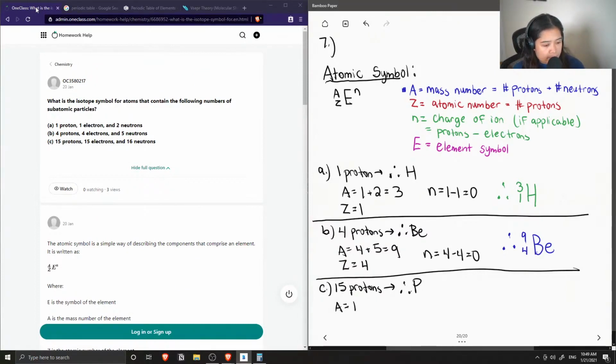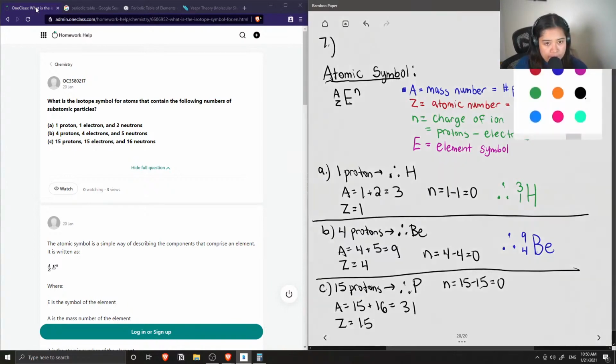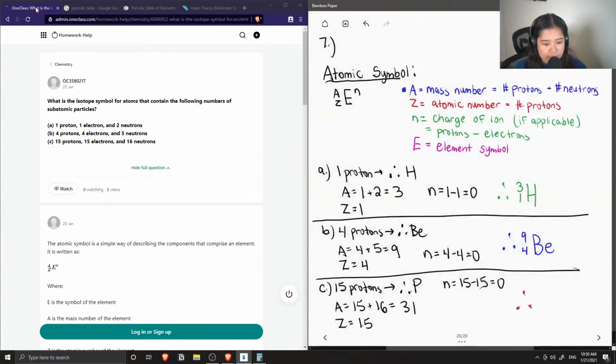There are 15 protons, 16 neutrons, so the mass number is equal to 31. The atomic number is just equal to 15, and the charge is still 15 minus 15, which is 0. So therefore, we can write it as 31, 15, and then phosphorus.